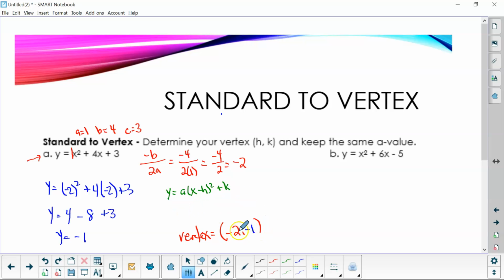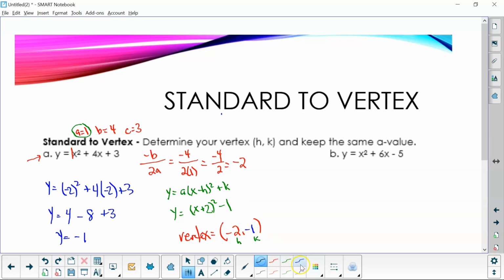So I'm just plugging these in. This is my h, this is my k, and remember a equals 1, so there's no point in writing 1 times anything. x minus h, minus a negative 2 would be plus 2, squared, minus 1.